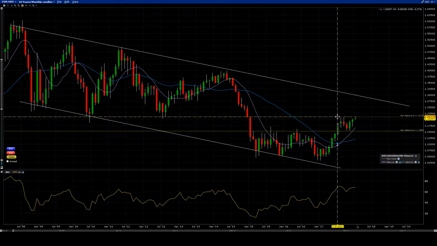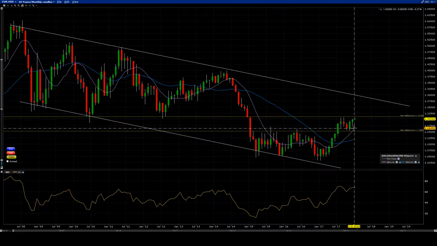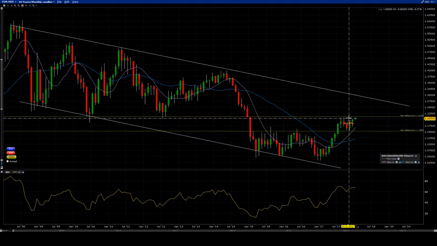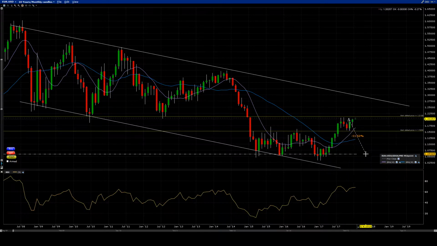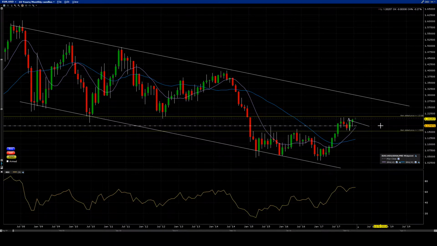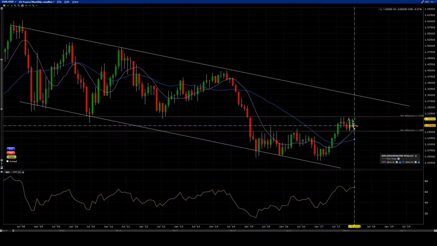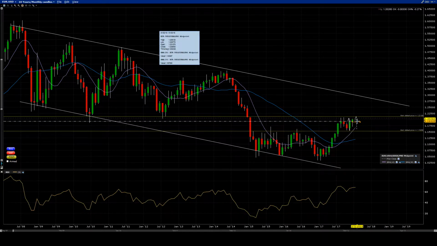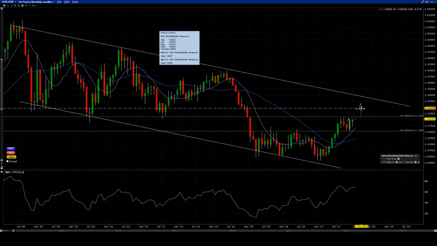So you could probably say, a little closer here. If this resolves, if we have a closure above this bearish, or this rectangle flag, 1, 2, 3, 4, 5, 6 months in the making, it could be going here.